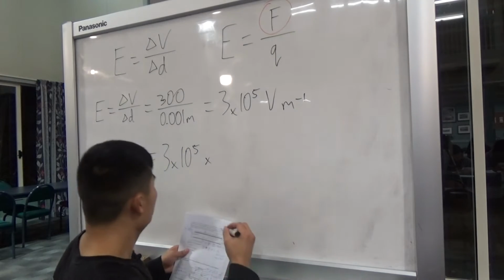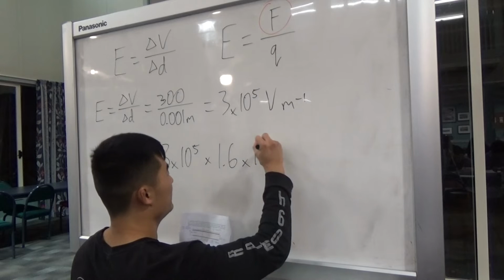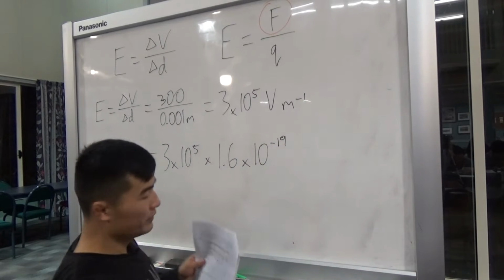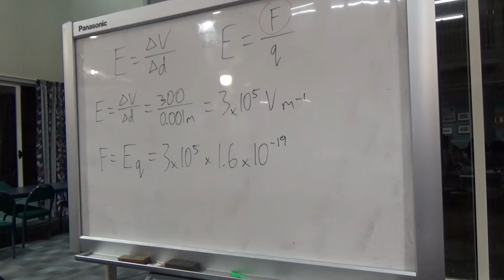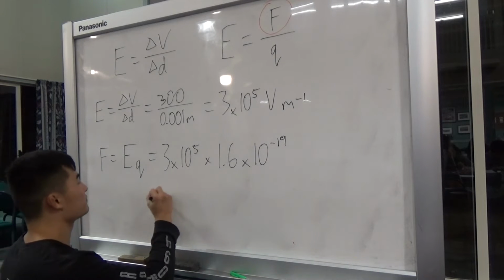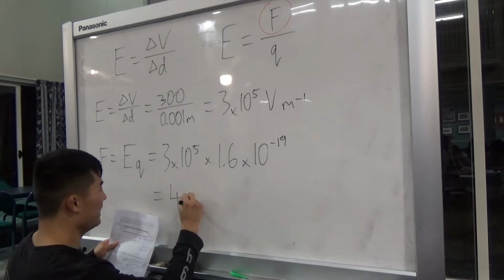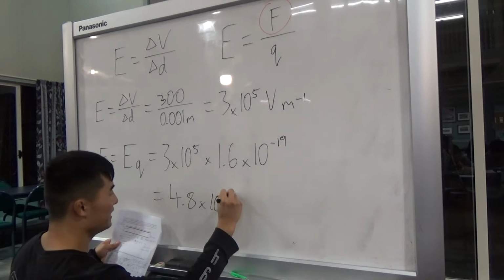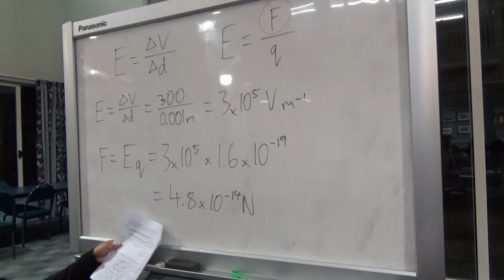It's going to be 1.6 times 10 to the negative 19. So it's going to be a negative charge, but because we just want to find out the magnitude, we can just use the value. So that's going to give you 4.8 times 10 to the power of negative 14 newtons. Okay.